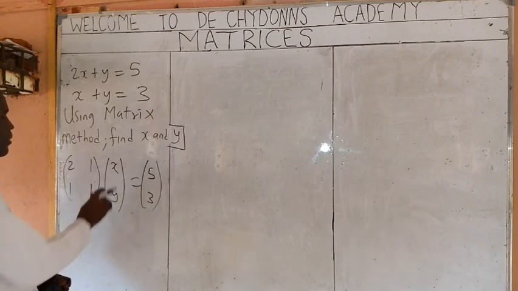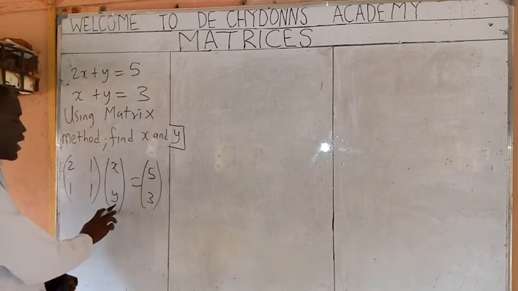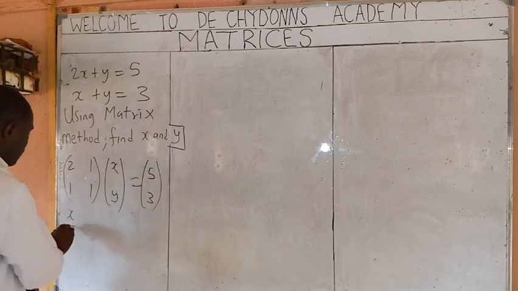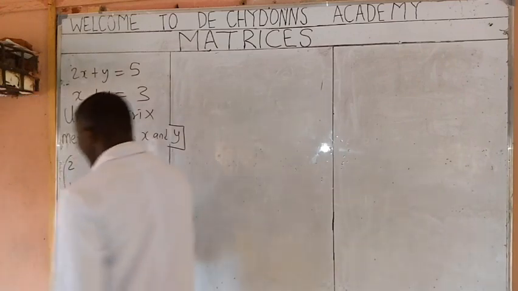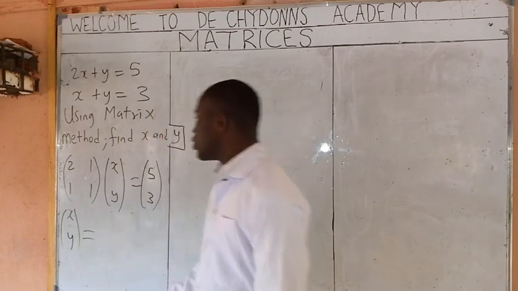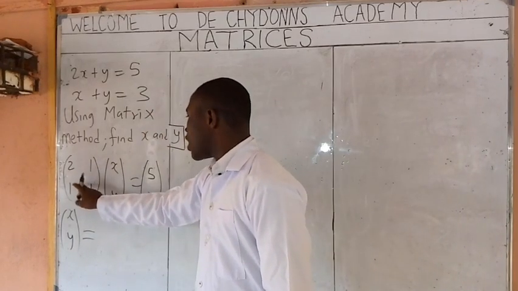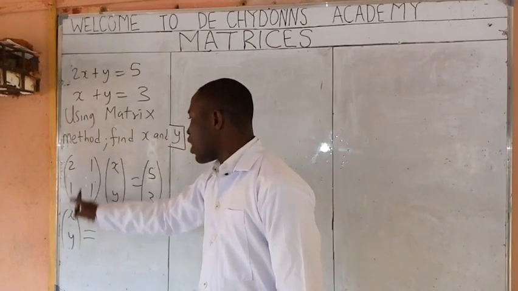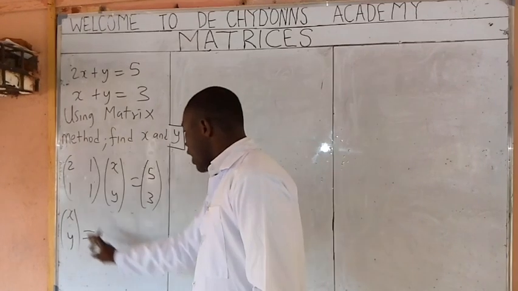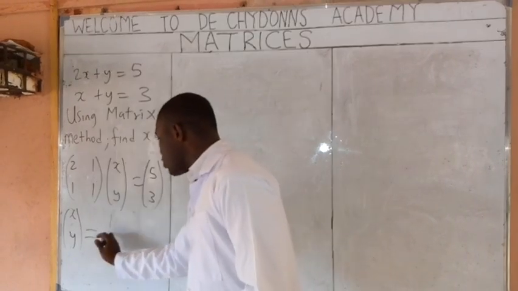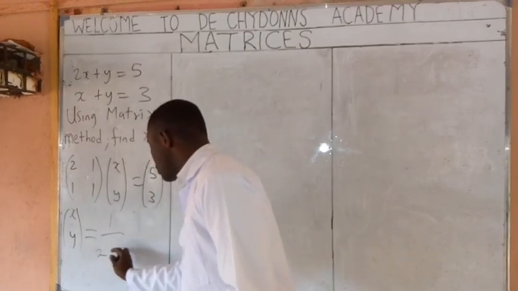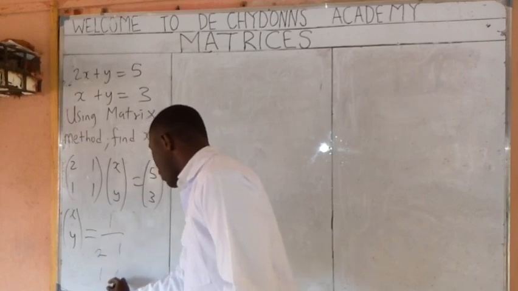After doing this, make x, y the subject of the formula. You write x, y equals to. Now this one, because you are making x, y the subject of the formula, will come to the other side. On coming to the other side, it becomes 1 over 2, 1, 1, 1.